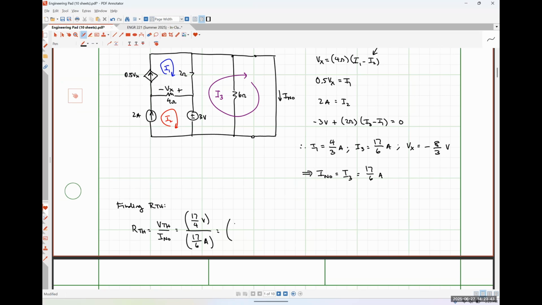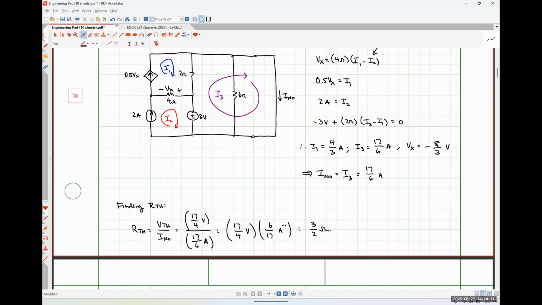And I can write this as 17/4 times 6/17 per amp. The 17s cancel each other out, and I wind up with 6/4 or 3/2 volts per amp, which is an ohm. So that's what I got for the Thevenin resistance.